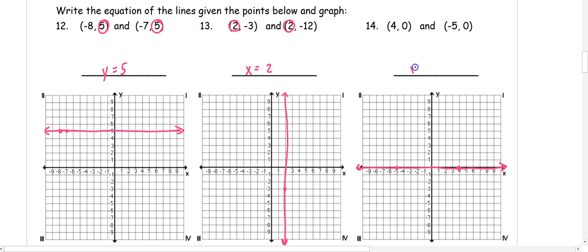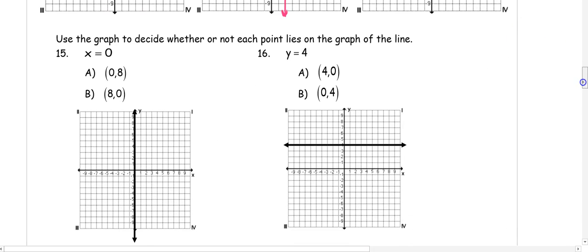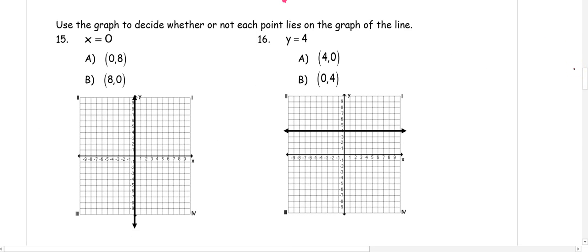It's passing through the y-axis at 0, so y equals 0, which should make sense because our y-coordinate was repeated.